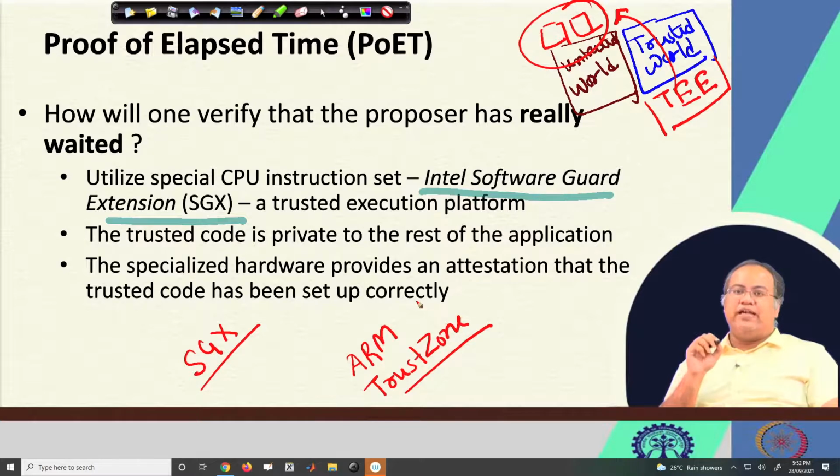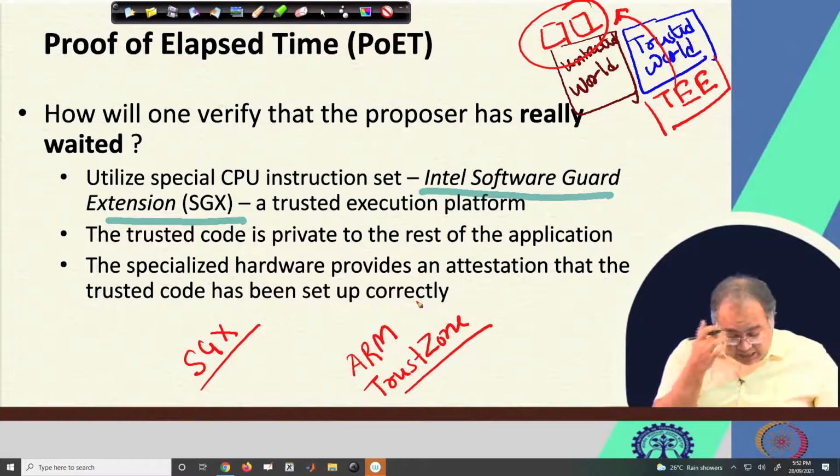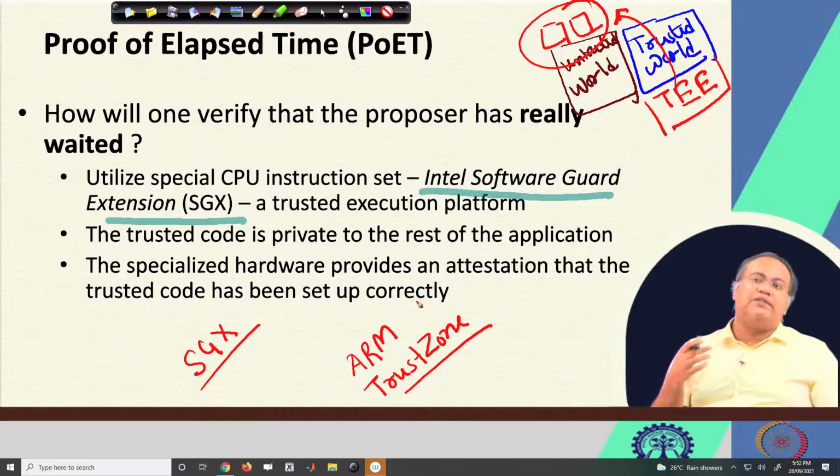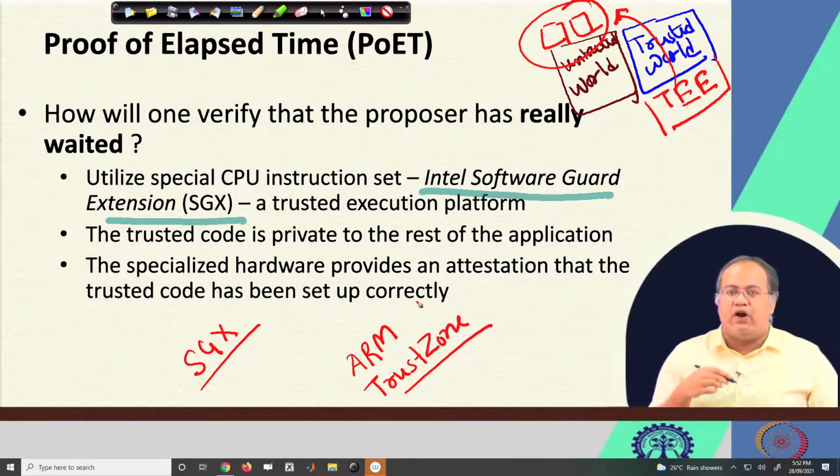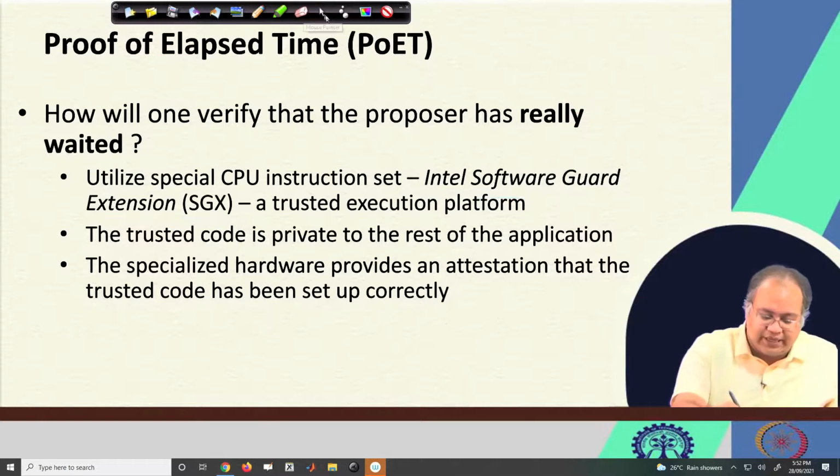For example, if I say I am setting the timer to 90 clock ticks, then this hardware provides an attestation that 90 clock ticks have actually been spent. That is done by this trusted execution environment, and nowadays many applications are exploring it for designing applications.